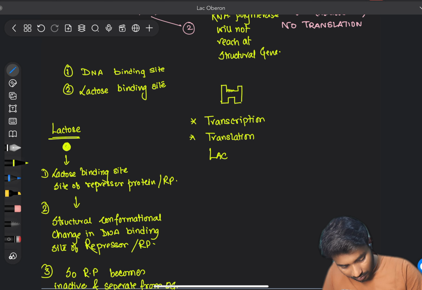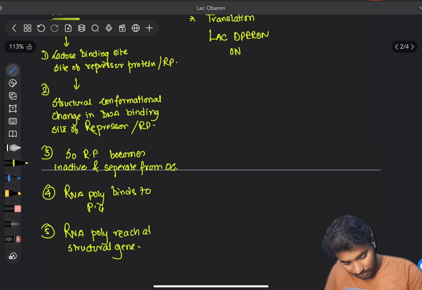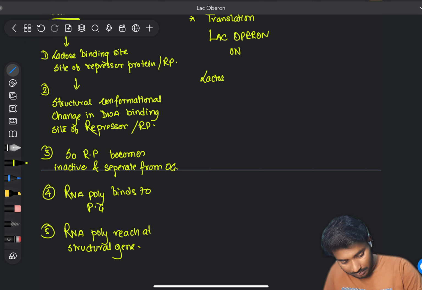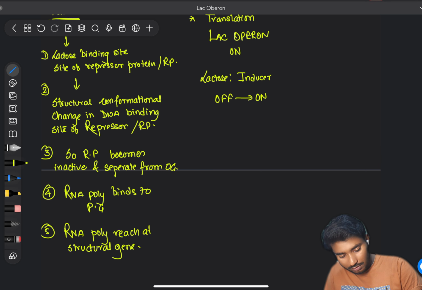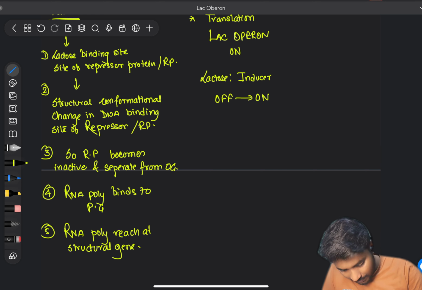Lac Operon on. So what will happen? Lactose is the inducer, switching the operon from off to on. Okay. Now what happens?